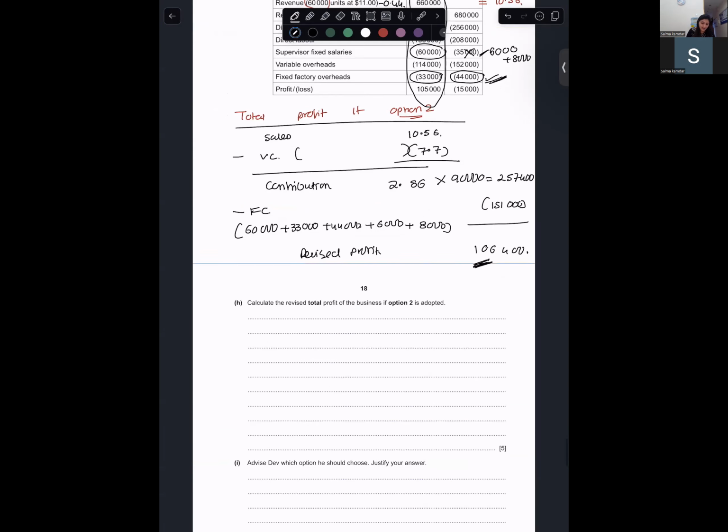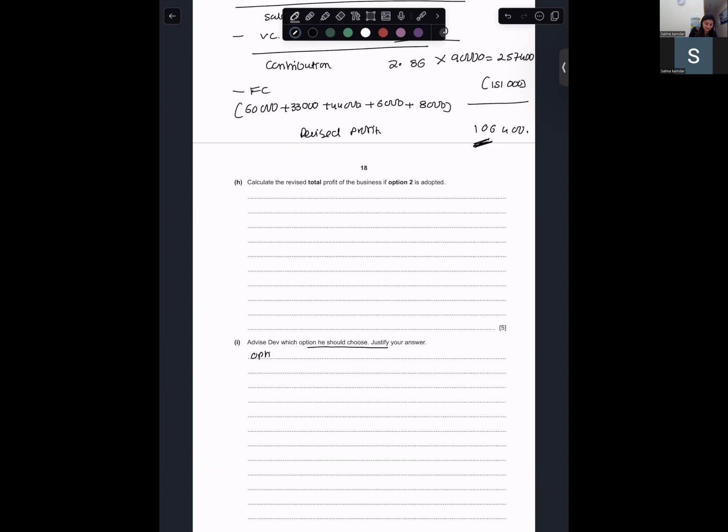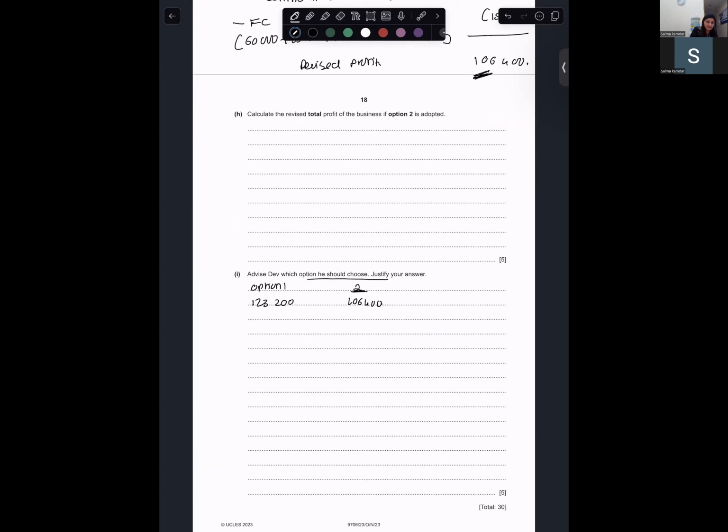Now advise Dave which option he should choose. In option 1, Dave is getting a profit of 123,200, and in option 2, Dave is getting a profit of 106,400. If he chooses option 1, it gives higher profit, and B will also keep on continuing. But I am not sure if the sales will grow.